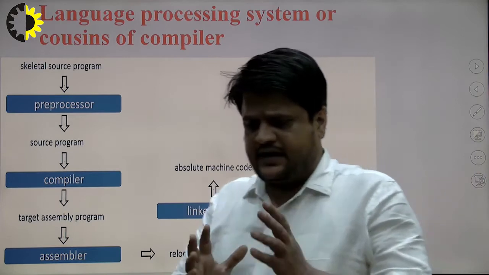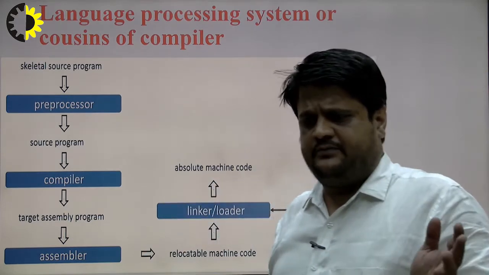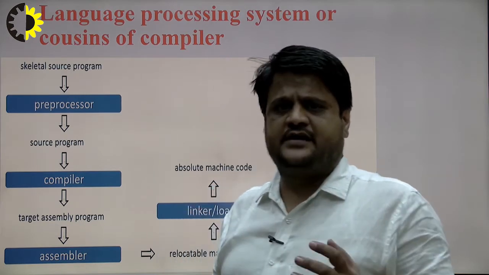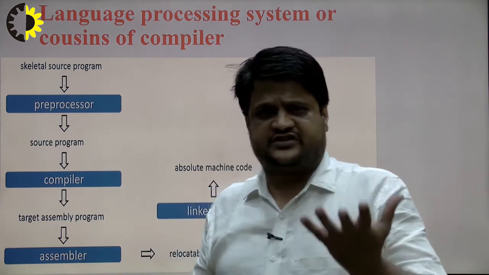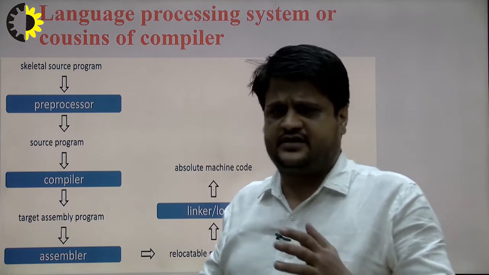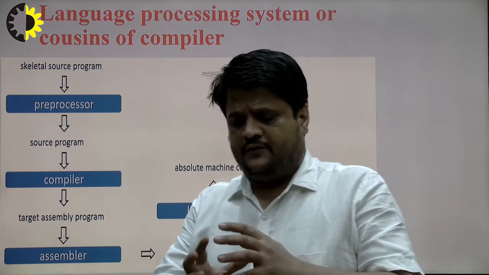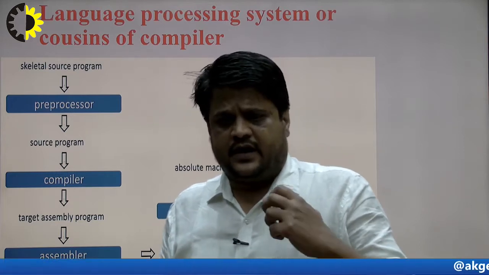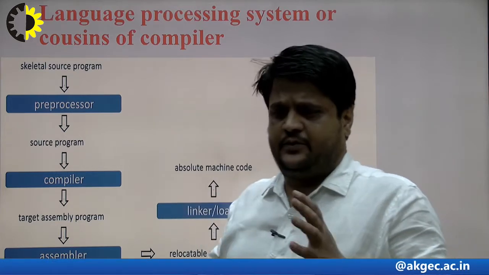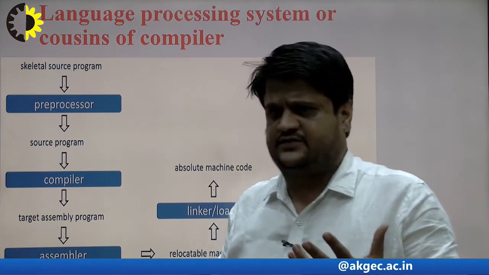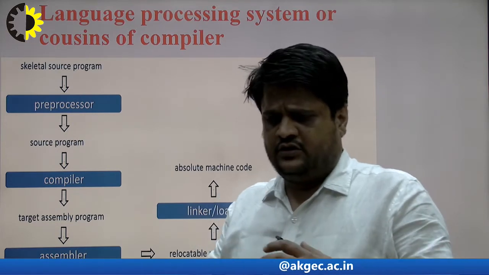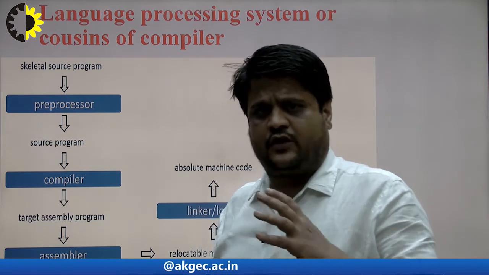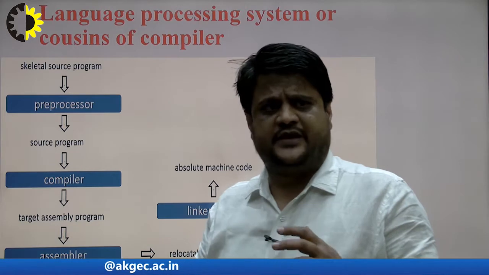Basically, when we want to convert our high level program into machine level code, there is a requirement of a series of processors, or a series of translators, because the work of conversion is not done by a single processor. If it were done by a single processor, it would become a complex task, and a lot of code would be required.